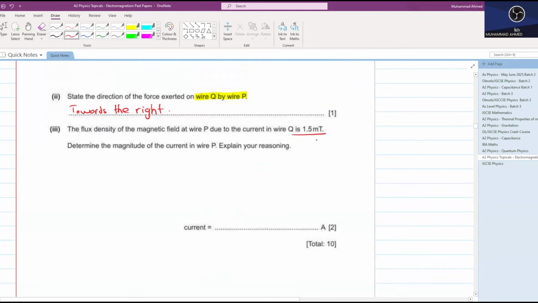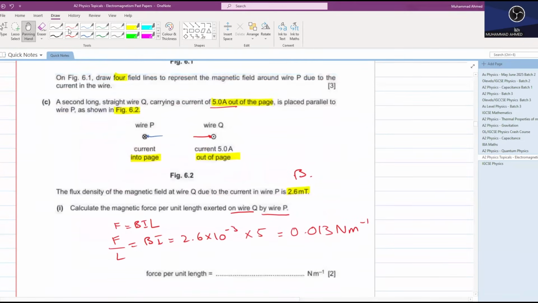This is the magnetic flux density B at wire P due to wire Q. Calculate the magnitude of the current in wire P. According to Newton's third law, the force that wire P exerts on Q is equal to the force that wire Q exerts on P. Both these blue forces will be equal to each other and opposite in direction.